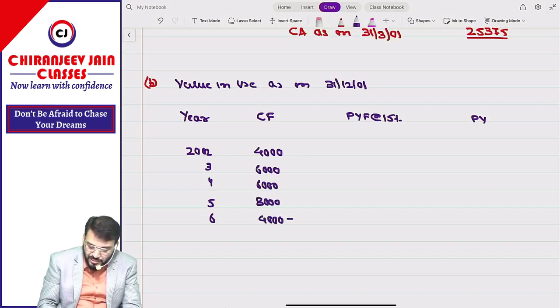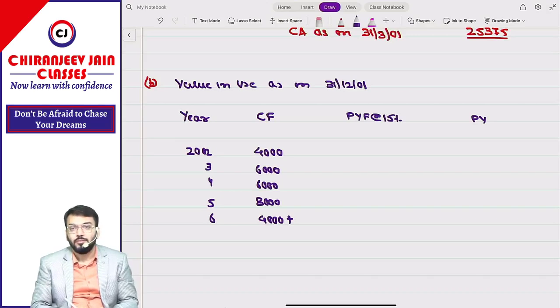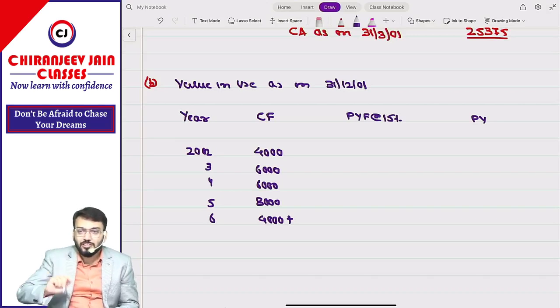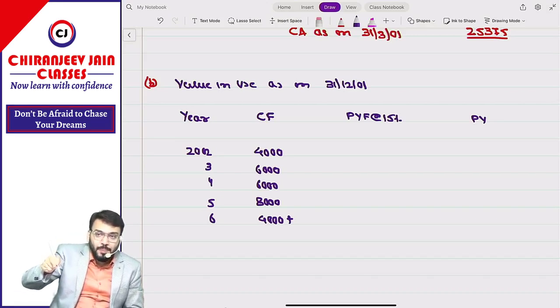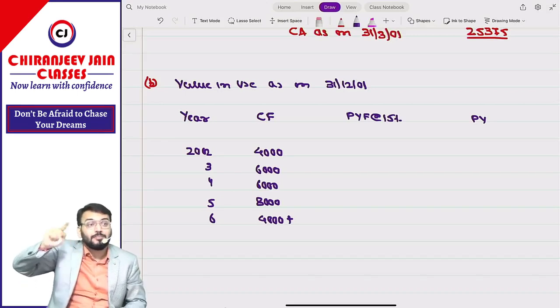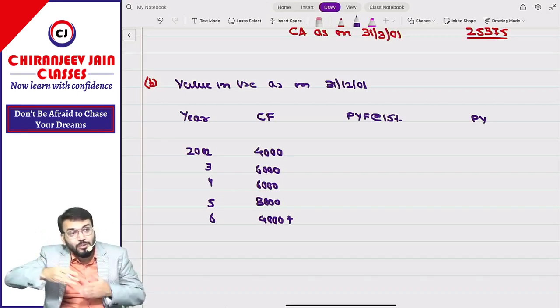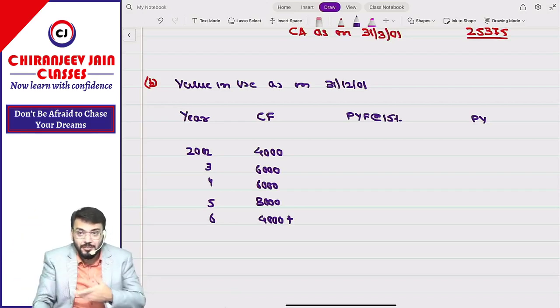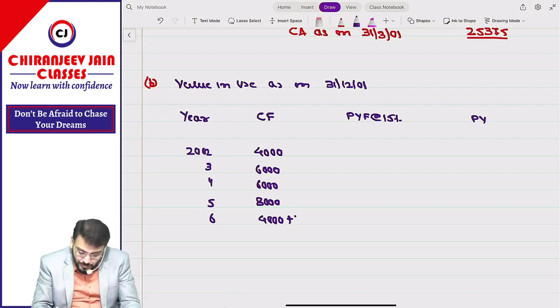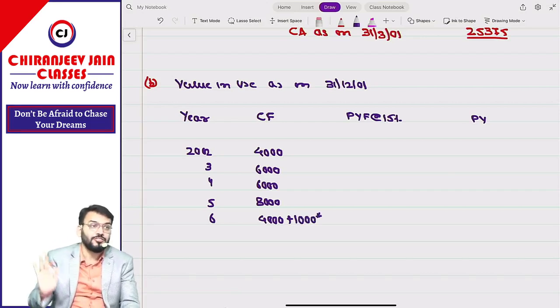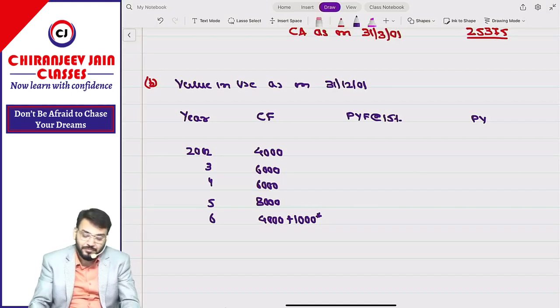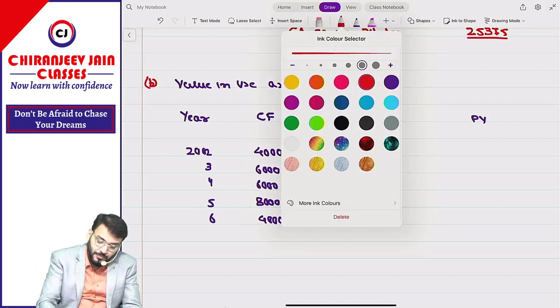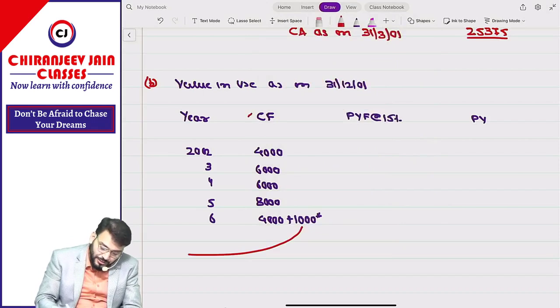And in the last year we will also add residual value, because I said present value of cash flow to be obtained during its useful life plus disposal value at the end of useful life. So 1,000 will be added. Now this is dangerous. Normally students forget this. Write down danger.